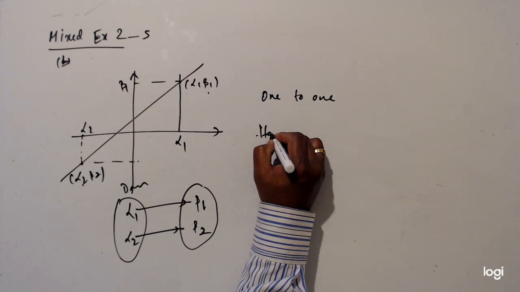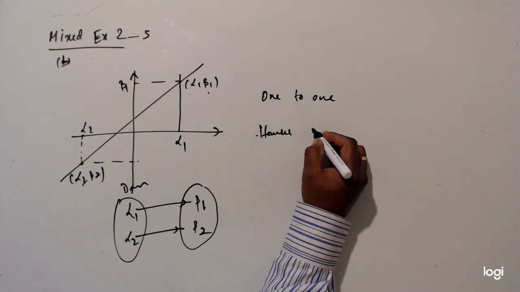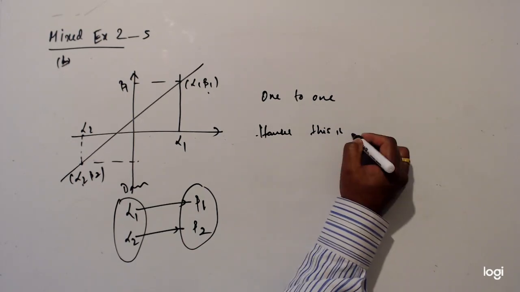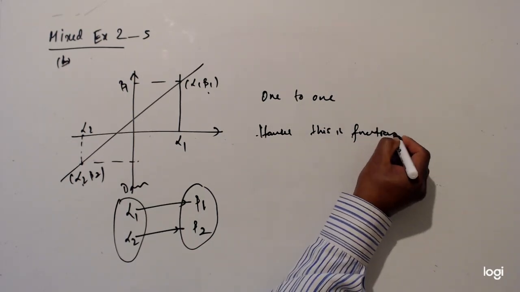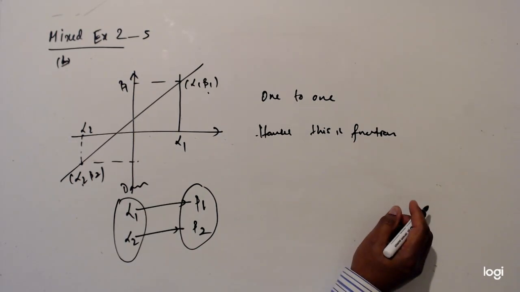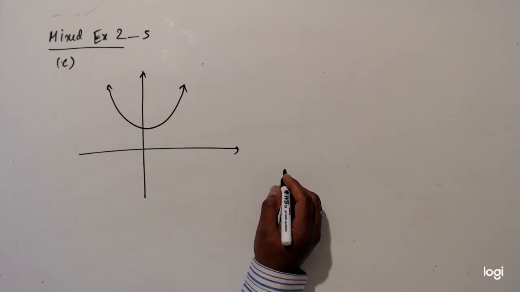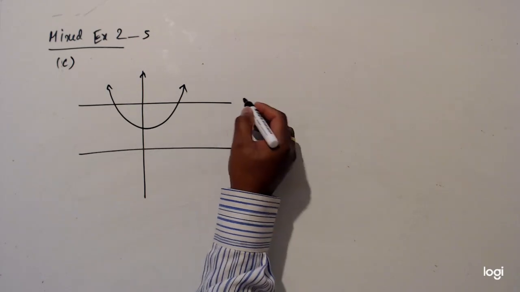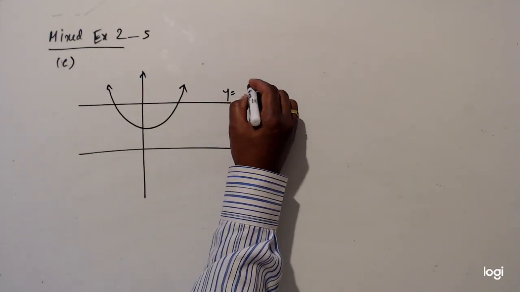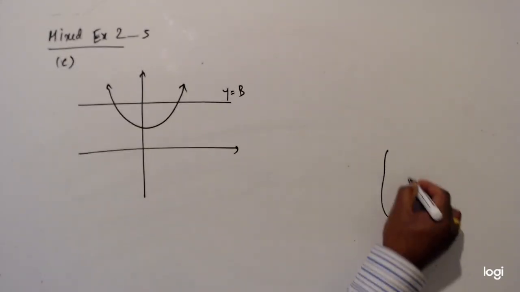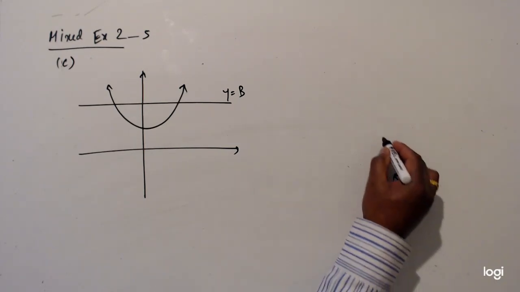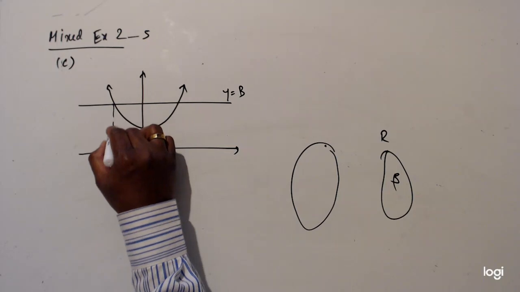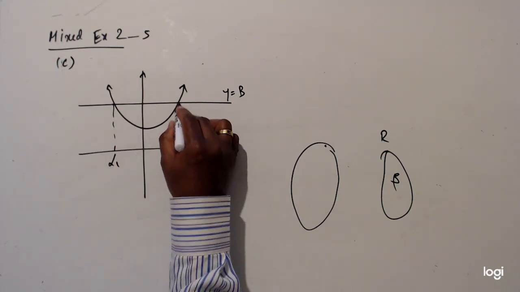Hence, this is a function. Part C, you can see for one y value, y equal beta, so this is the range, right? Two x values.